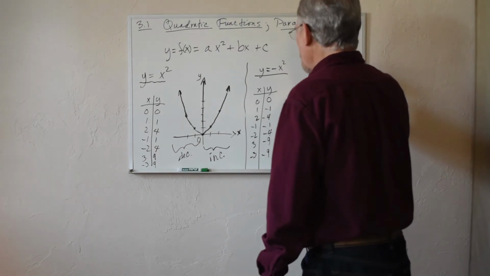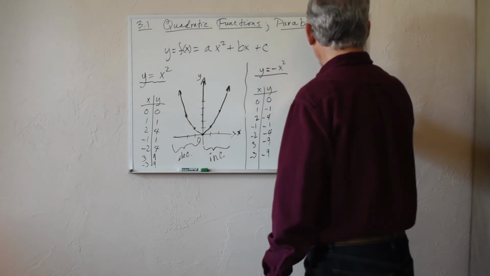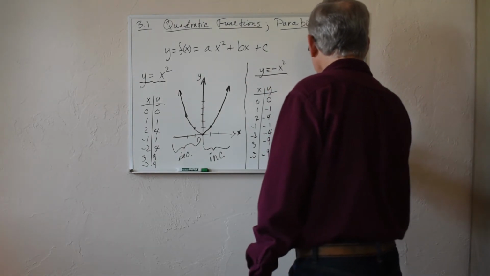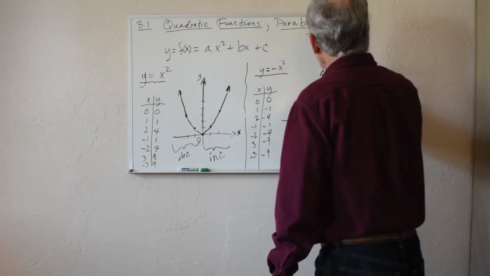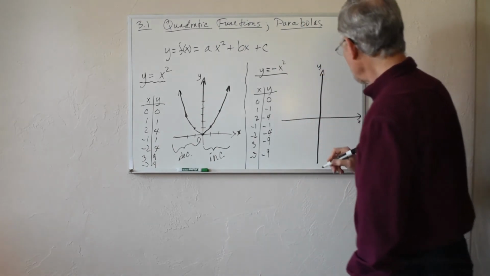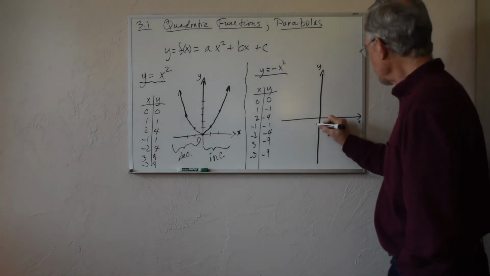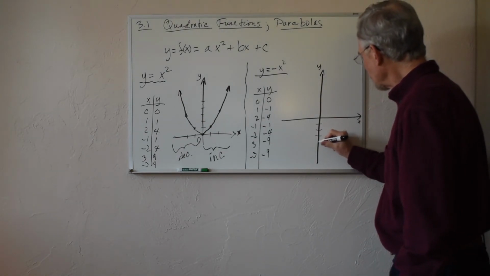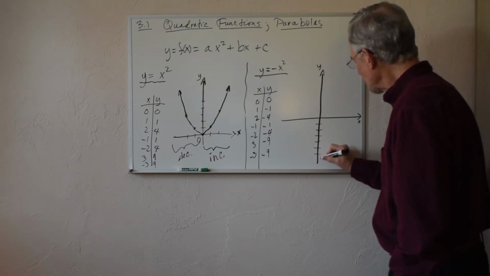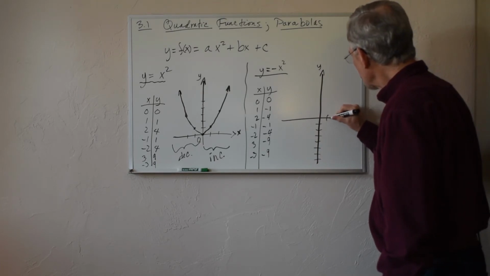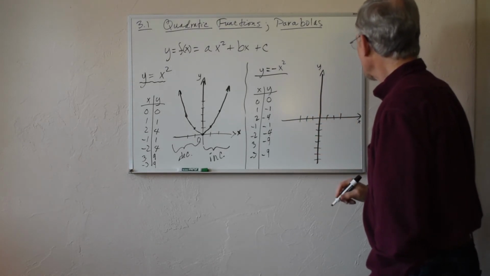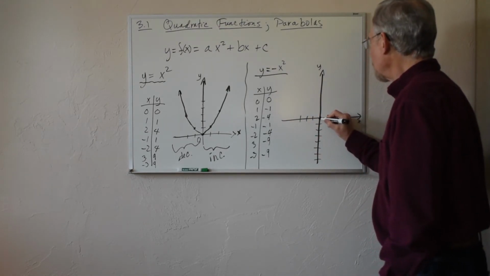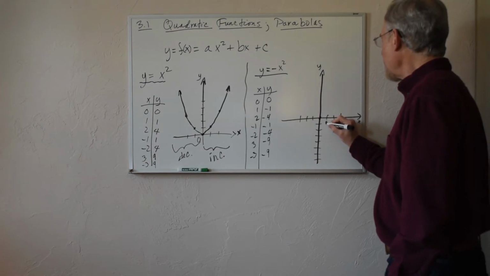So, what kind of difference does that make in the picture? I draw my coordinate system. There's 0, 0. Here's 1, negative 1.